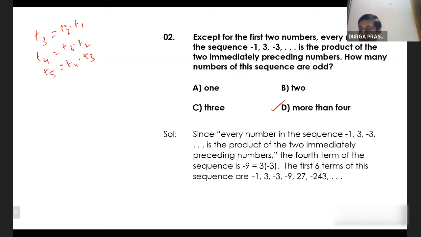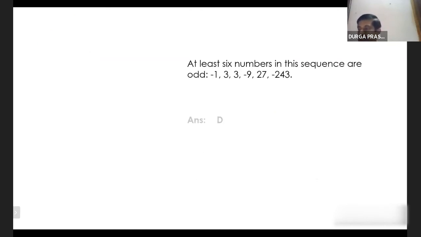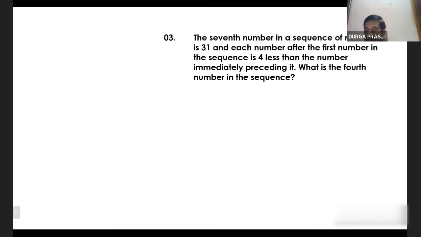Okay, let us go to the next question. The seventh number in a sequence of numbers is 31. So T7 is 31. And each number after the first number in the sequence is 4 less than the number immediately preceding it.